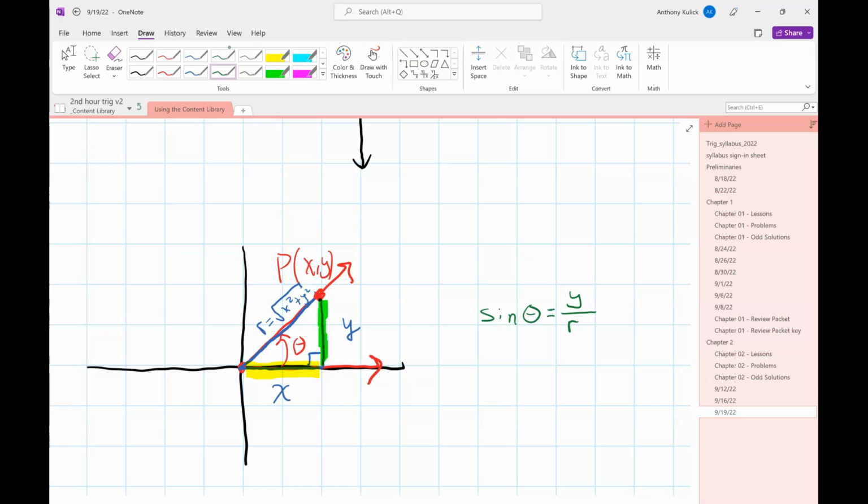We can now find the value for sine without using the acute angle from a right triangle. All I need is a coordinate on that terminal side of my standard position angle.